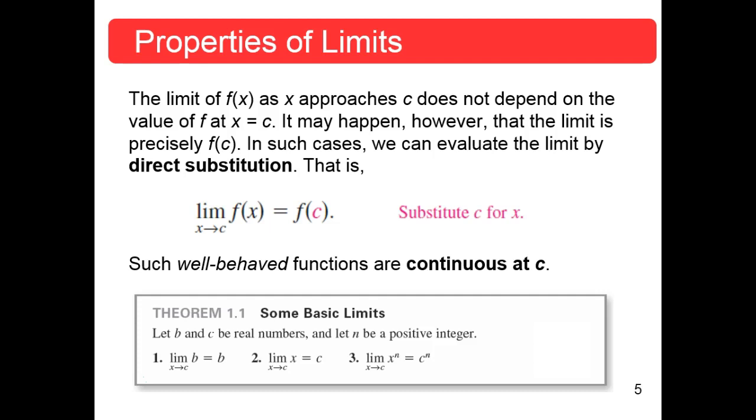Now, as x is approaching c, give me a c, any c. 4. Okay, 1, 2, 3, 4. As x is approaching 4, either from left or right, what is the y approaching? It's approaching 4 too, isn't it? Because it's the identity function.